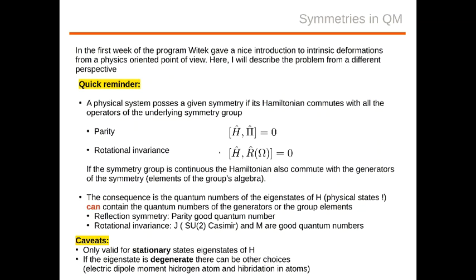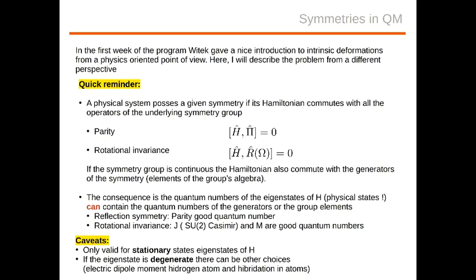One is that this is only valid for stationary states. If we have some time-dependent evolution in our system, this is no longer the case for the wave function of the system. Also, in the case of degenerate eigenstates of the Hamiltonian, we have to deal with those degeneracies, because in that case it's possible that the quantum numbers of the symmetry cannot be used as quantum numbers of the eigenstates of the Hamiltonian.